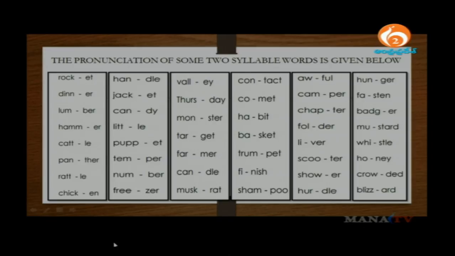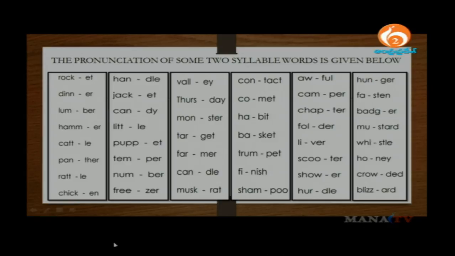Handle, handle. Jacket, jacket. Candy, candy. Little, little. Puppet, puppet. Temper, temper. Number, number.